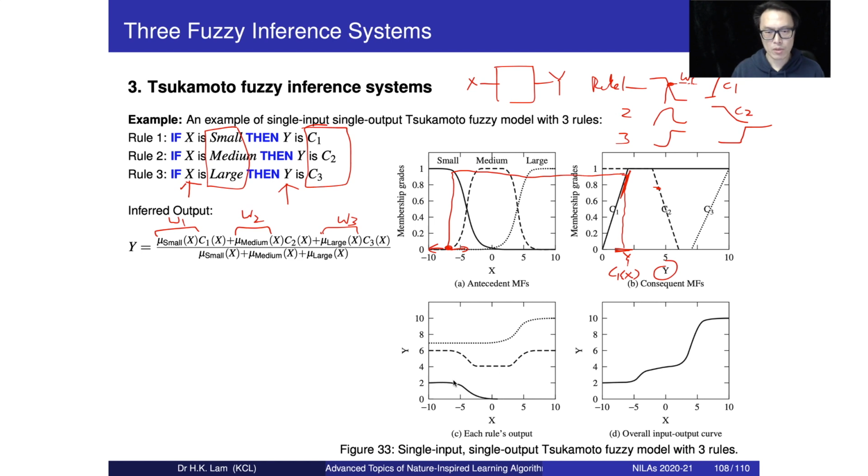Now this figure is showing the C1x, this one is C2x, C3x. That means when we change the value of x from -10 to 10, we just want to find out what value this C1 will give you.